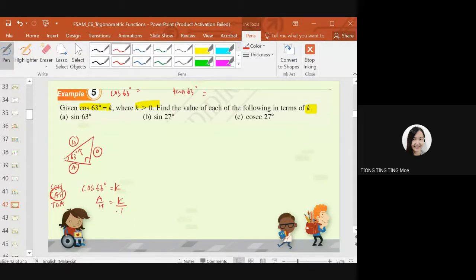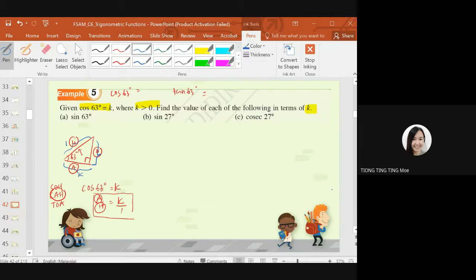Okay, so far okay? This relationship, A over H equal to k over 1. Put it in. A is k. So here is k. H is 1. Here is 1. Okay, what is the O now? O is nobody.